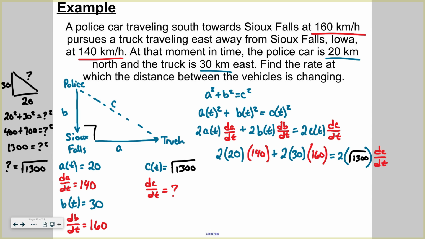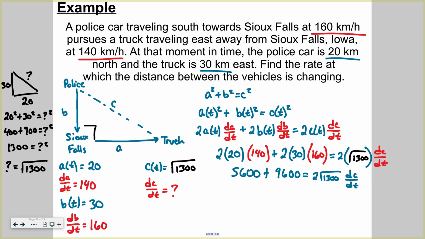So let's see. 2 times 20 times 140 is going to be 5,600 plus 2 times 30 times 160 is going to be 9,600. And this is going to be 2 radical 1300 dc over dt.